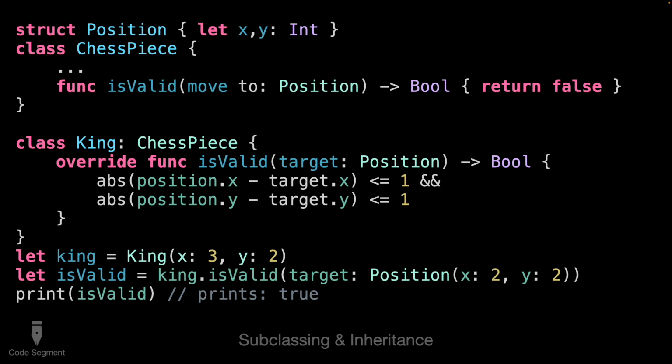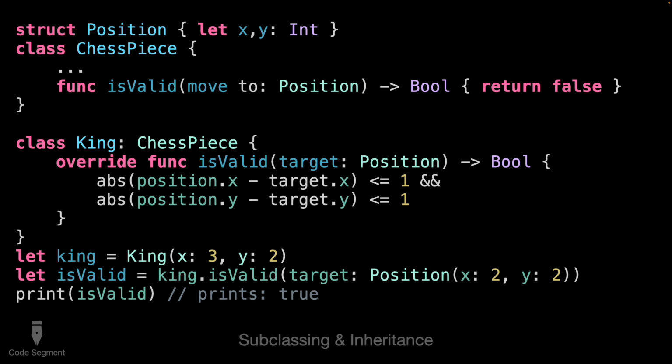So you can call super.isValid, pass in the target position, and that would call your parent function, the inherited function, right? So you can do an override and add functionality, add code, and then still call the parent if you want. So it is still accessible.